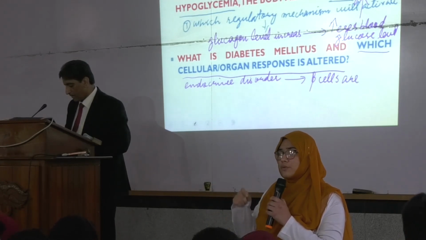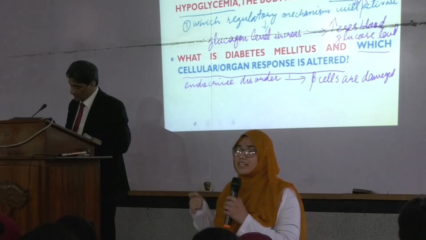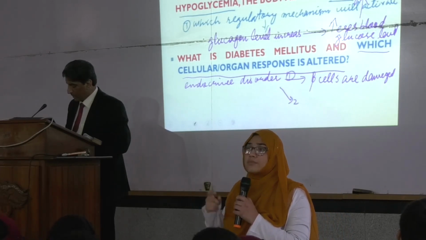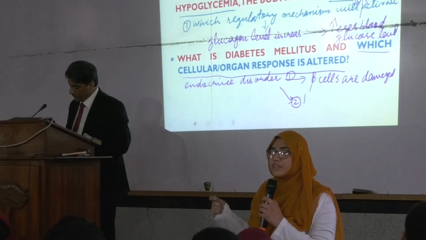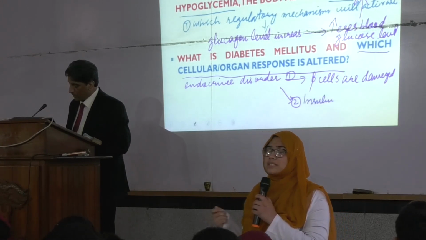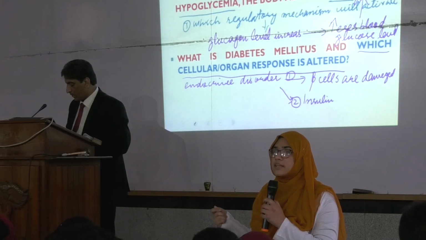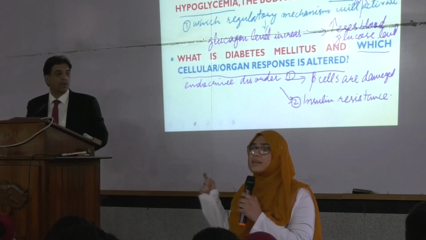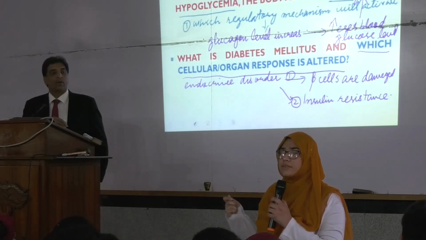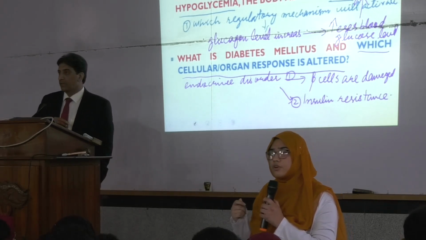Type 2 covers approximately 90% of the population affected by diabetes mellitus. The most common reason is obesity, and obesity causes insulin resistance. So the body does produce insulin, the blood has high insulin levels, but the cells are not able to respond to it properly.